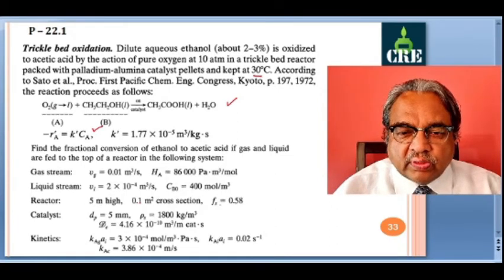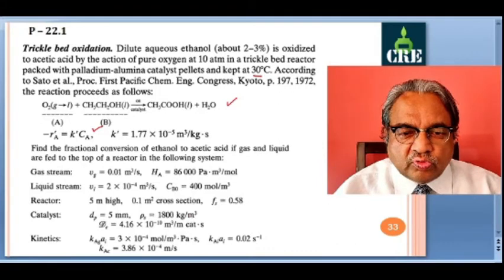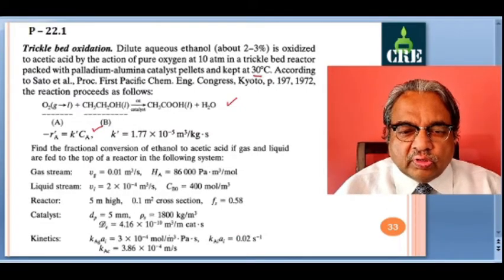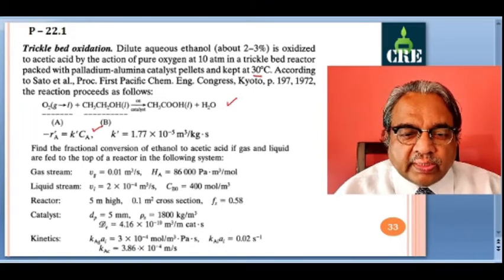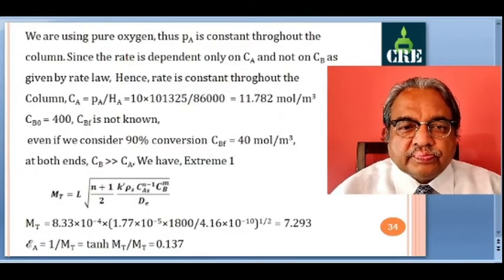Solid loading is 0.58. Diameter of the particle is known, density is known, diffusion coefficient is given as 4.6 into 10 raised to minus 10. And KAG a_i 3 into 10 raised to minus 4 and KAL a_i 0.02. These are given separately now. And KAC is given as 3.86 into 10 raised to minus 4 meter per second.